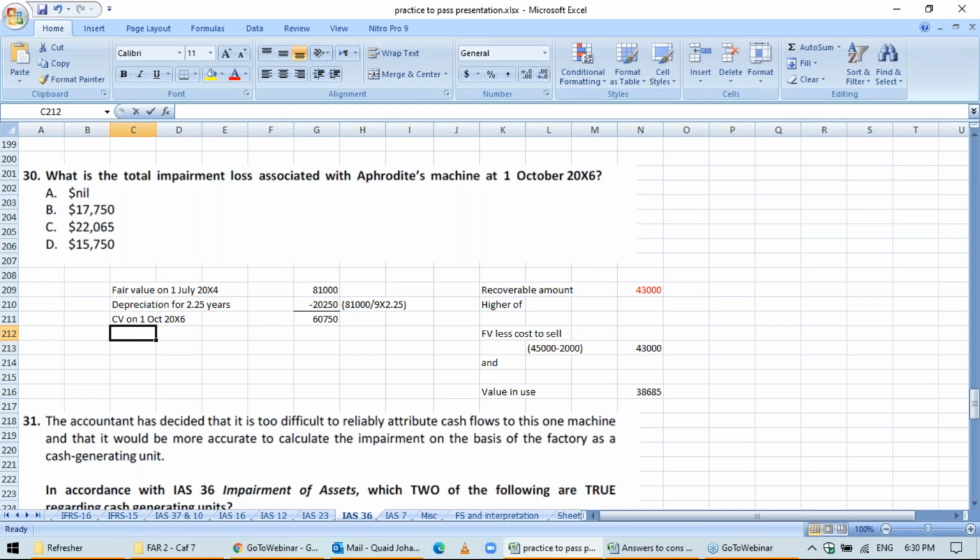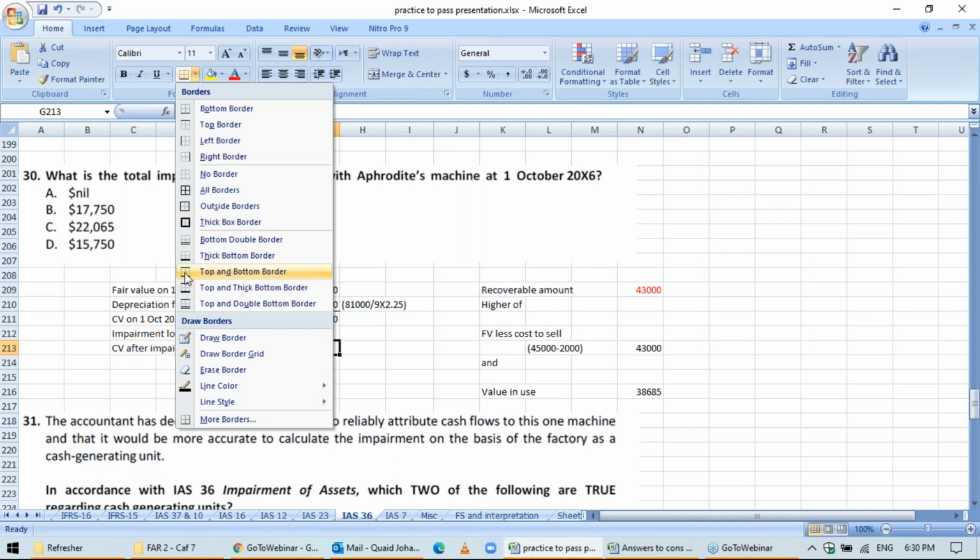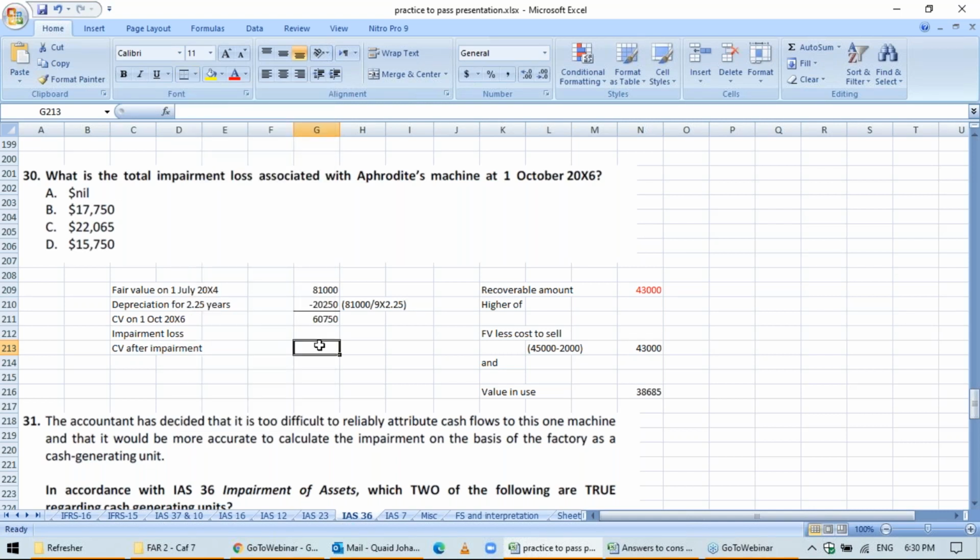So you have to record an impairment loss to arrive at the carrying value after impairment. So what's the impairment loss? The carrying value now is going to be 43,000. We have to bring it down. We are overstating the asset's value, 60,750.